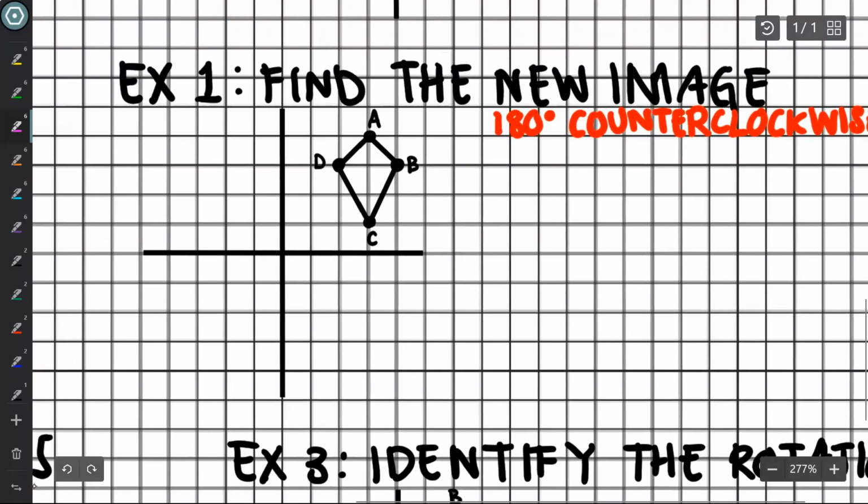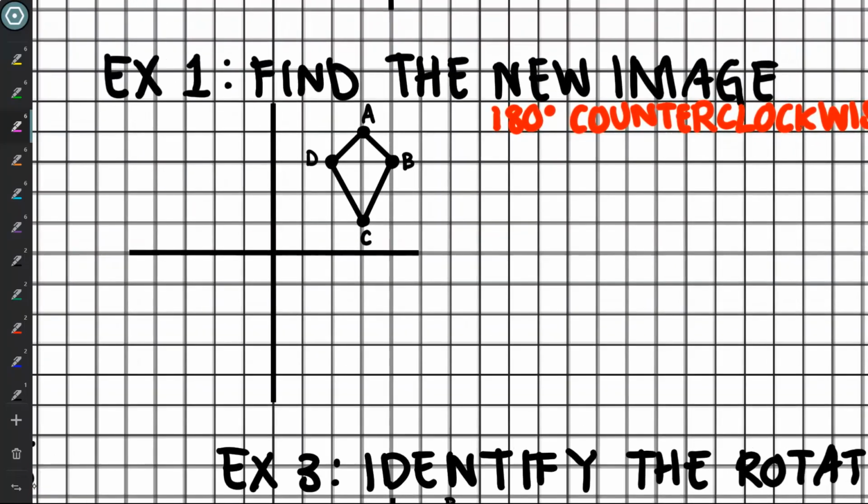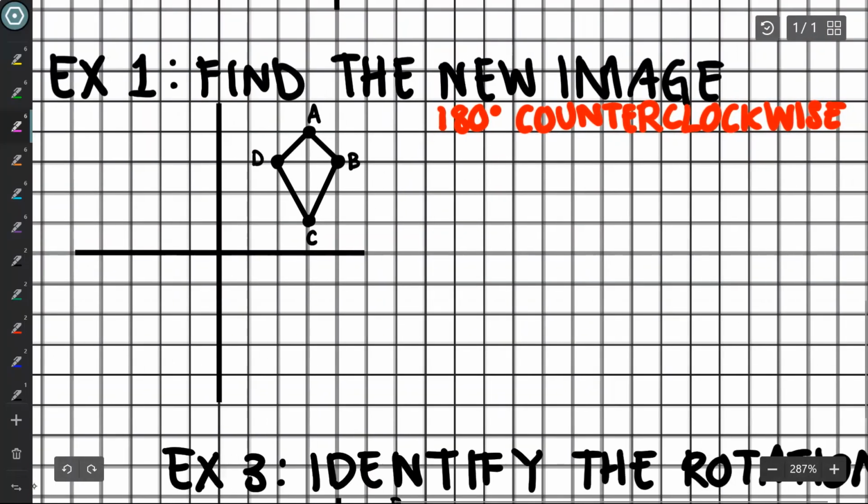So for this first example, it's asking us just to find the new image, and we have a 180 degree counterclockwise rotation. So we're going to do the same thing. We're going to start by listing out our coordinates in parentheses. Those are too close together. We're going to separate them.